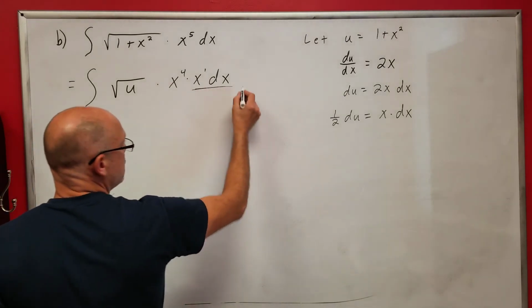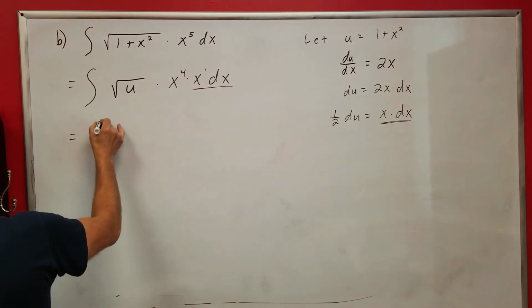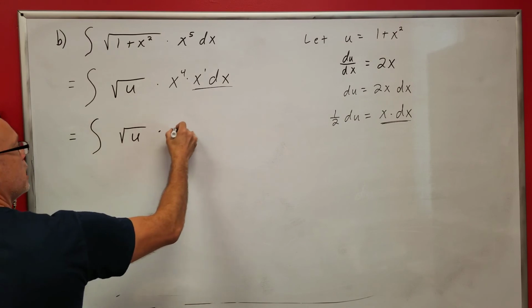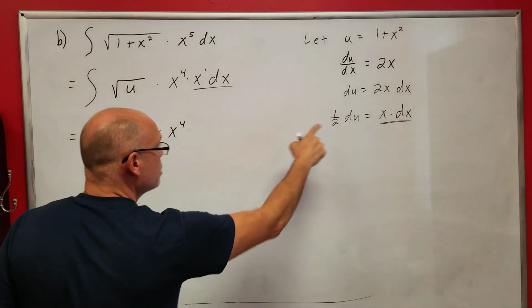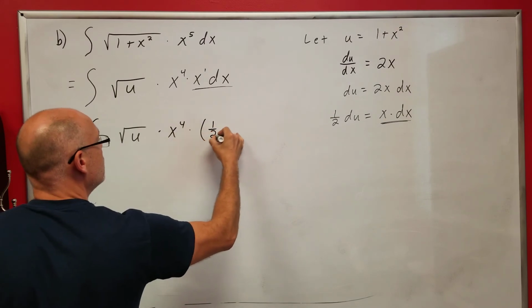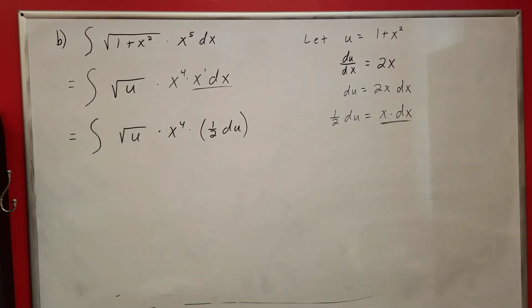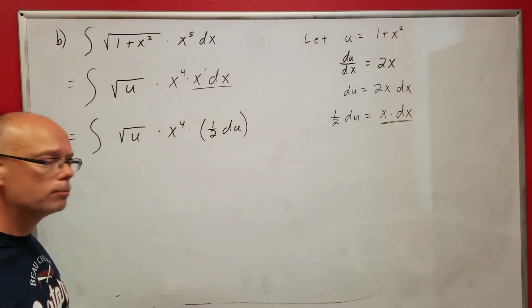Now I have this x dx like I have here, right? So this is going to be the integral of the square root of u times x to the 4th times, instead of x dx, I'm calling that 1/2 du, right? But wait, I have u's and x's. I still didn't get rid of that x.